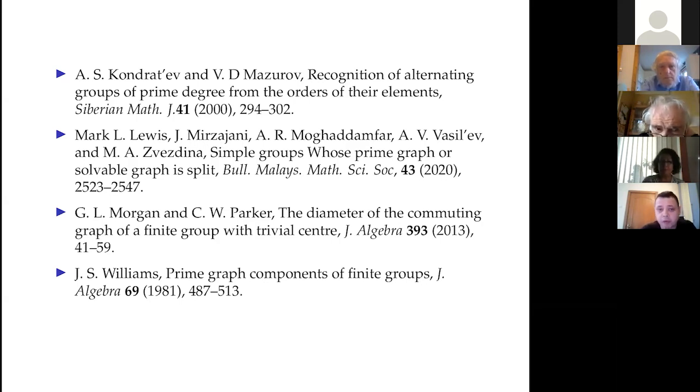But if you factor out this graph by the relation to have the same closed neighborhood, then it will be true. This is the main result. So if you take a prime graph and factor on this relation, then you will always get a split graph. Okay, thank you very much.